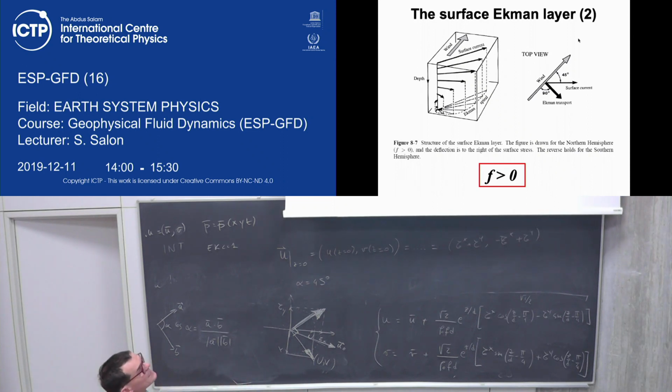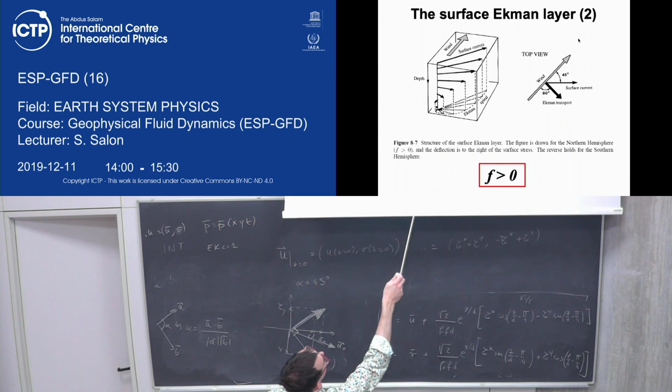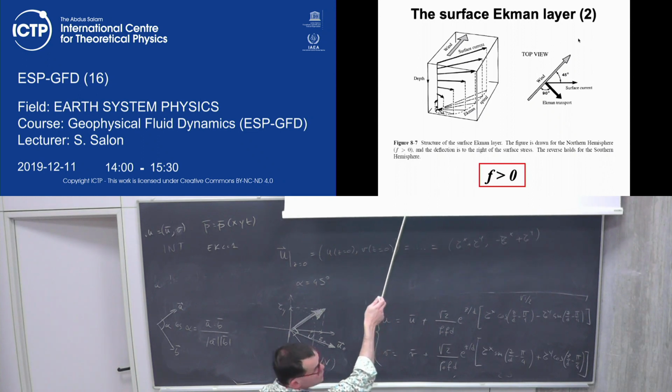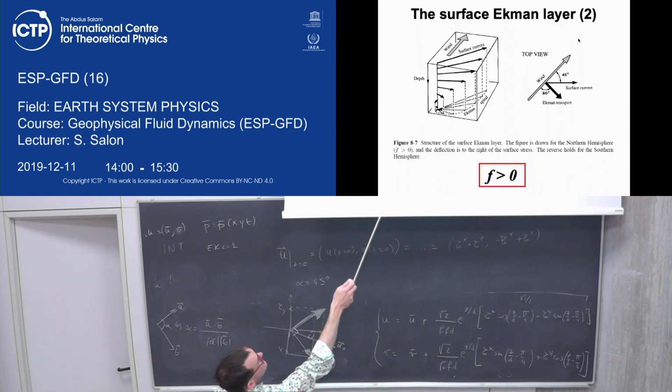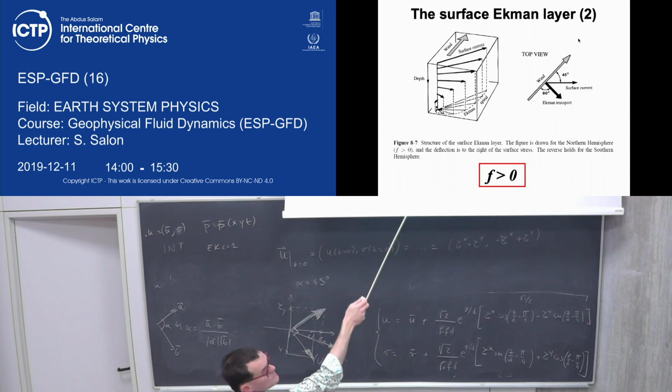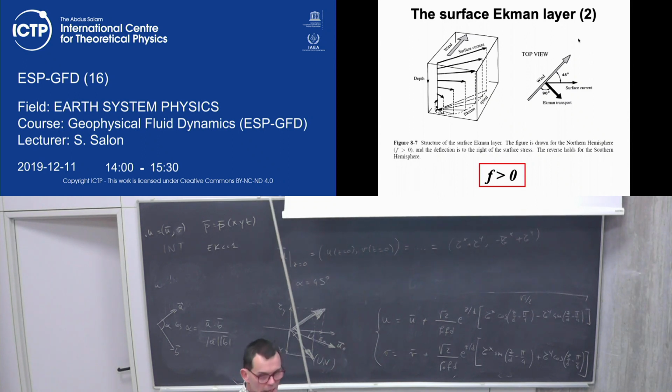And again, as for the bottom Ekman layer, the surface current will veer, will turn, in this case to the right with respect to the wind, and create this Ekman spiral, exactly like we said for the bottom Ekman layer.